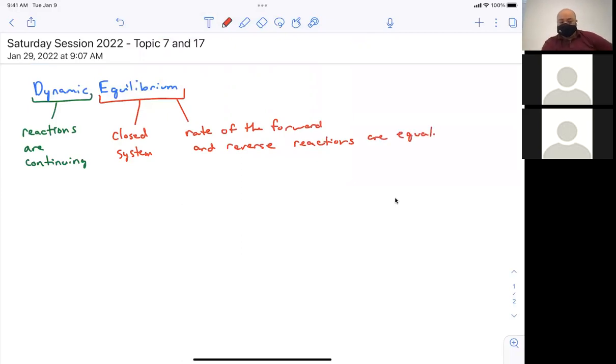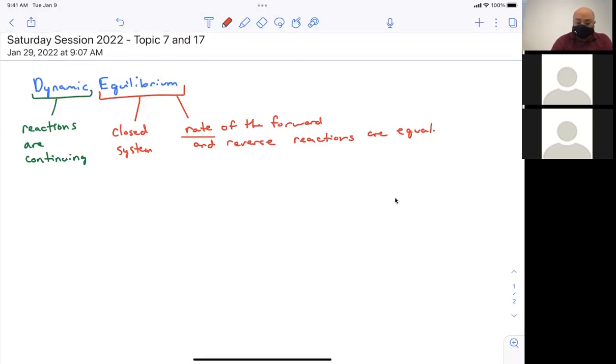That is the main definition of equilibrium. Now, there are things that can be observed when you reach equilibrium, but they're not part of the definition. And so equilibrium is defined as rate, okay? The rate of the reaction is equal. So therefore, what that means is the exchange of reactants to products is the same rate as the products to reactants. And that's the main idea of equilibrium here, okay?